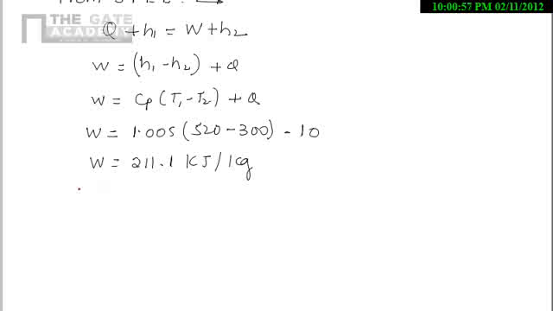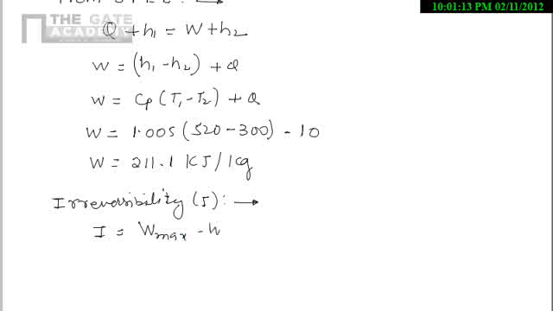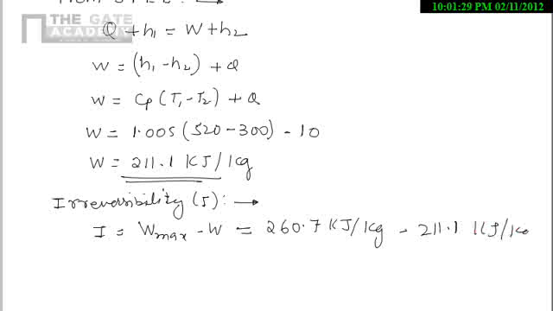Now we can easily find the irreversibility. For irreversibility, I can write I equals W max minus W. So W max is 260.7 kilojoule per kg minus the actual work done, that is 211.1 kilojoule per kg.